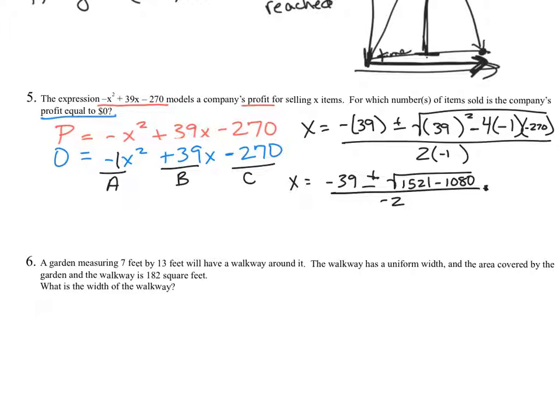So then we have x equals negative 39. Actually, let's go ahead and do the 1521 minus 1080.